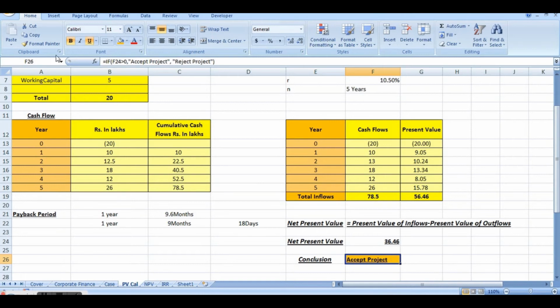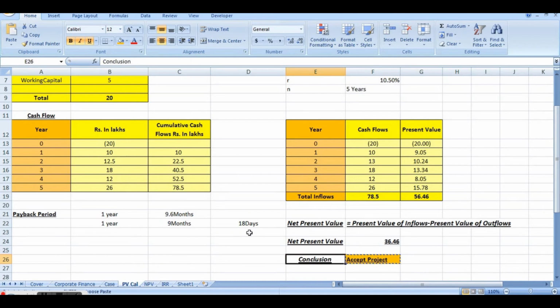We can see it. Now why have we used the formula here? Because if there is a change in these values later on, say for example, I come to know that in year 4 the inflow is not 12 but 36, immediately there is a change in net present value, and this also remains same.